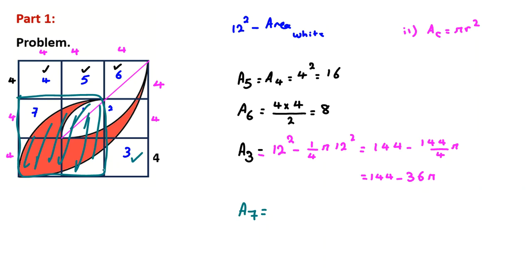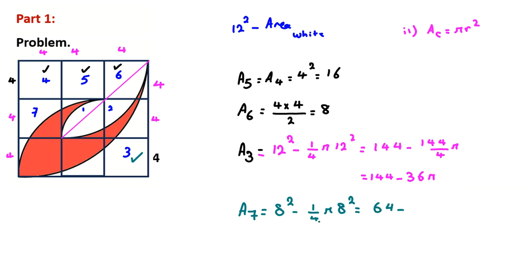Here, the radius will be 8. The side length of the square there was 12. Here, 4 plus 4, 8. So much similar, only the size is different. So 8 squared minus 1/4 times pi times 8 squared. So it will be 64 minus 64 over 4, 16, so 64 minus 16 pi. We've calculated A7.